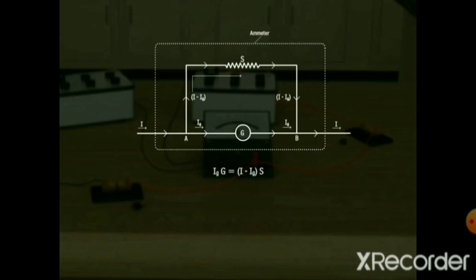Thus, the value of shunt resistance for the conversion of galvanometer into ammeter can be calculated with the formula S is equal to Ig times G divided by I minus Ig, where I is the range of the converted galvanometer.